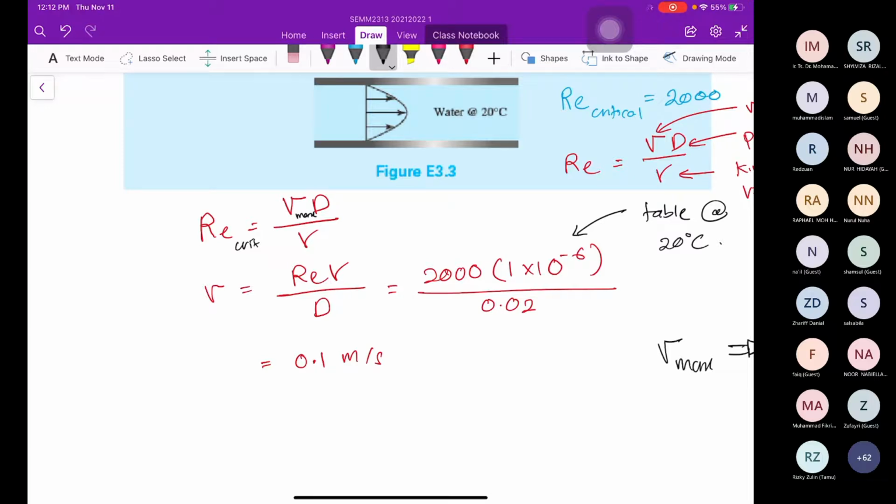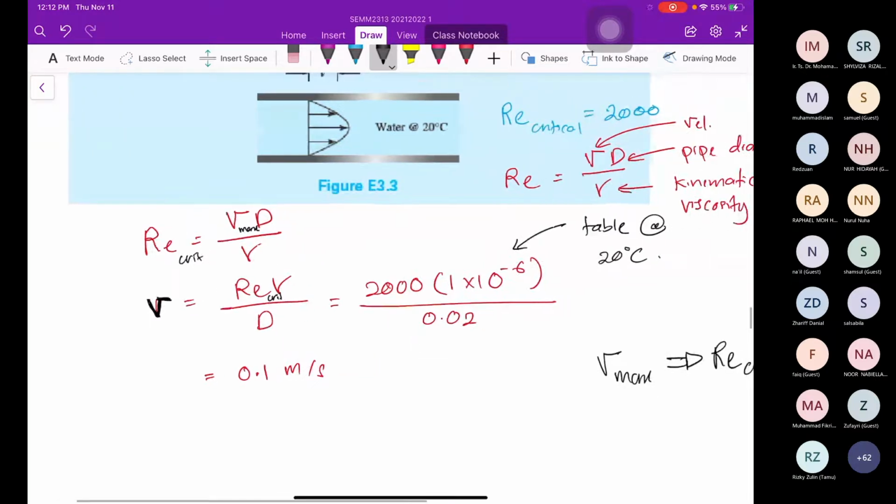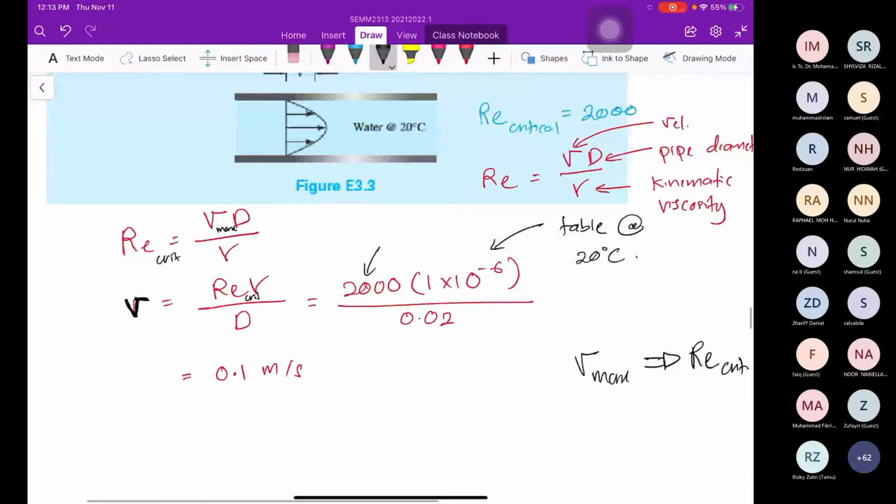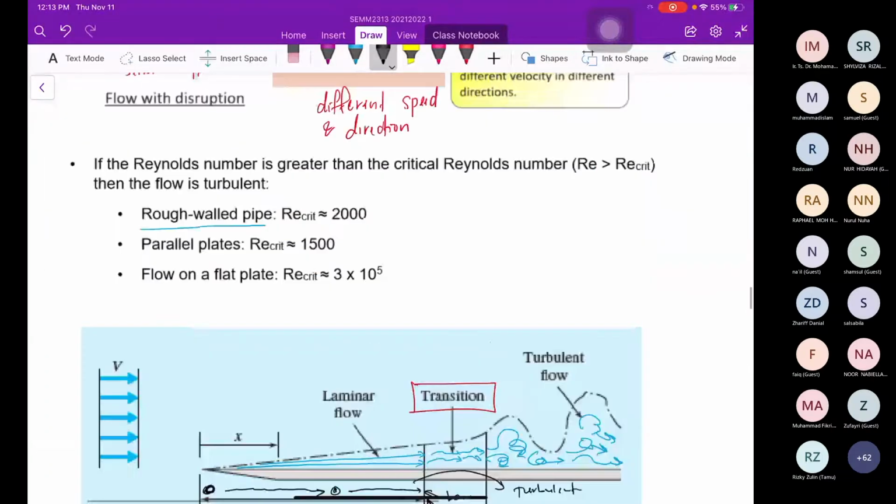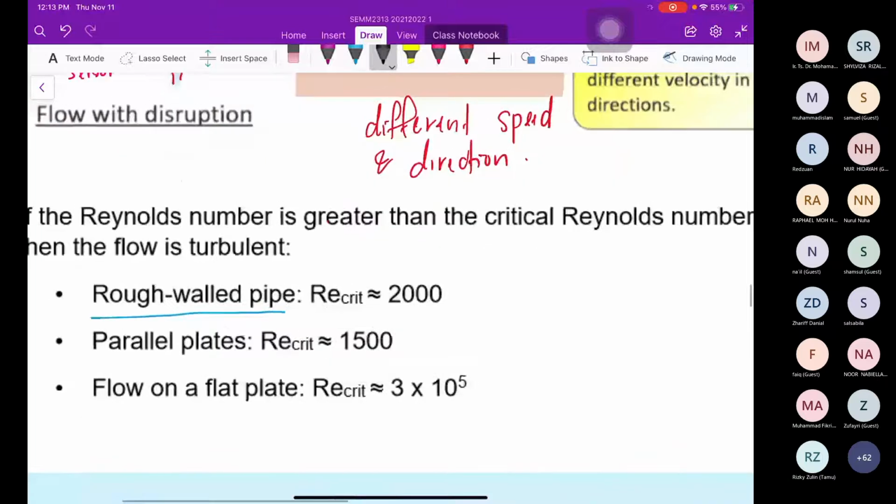We rearrange for velocity: V max equals Reynolds number critical times nu, the kinematic viscosity, over the diameter. The critical Reynolds number is 2000. Where do I get it from? From here. This is for a rough wall pipe.